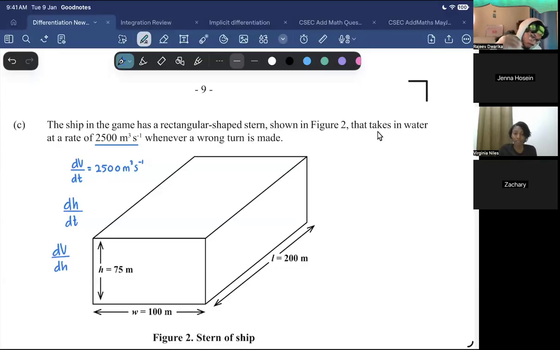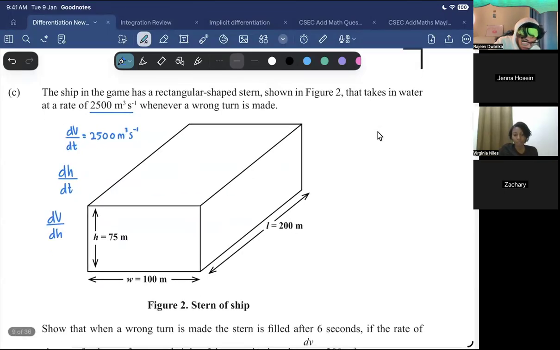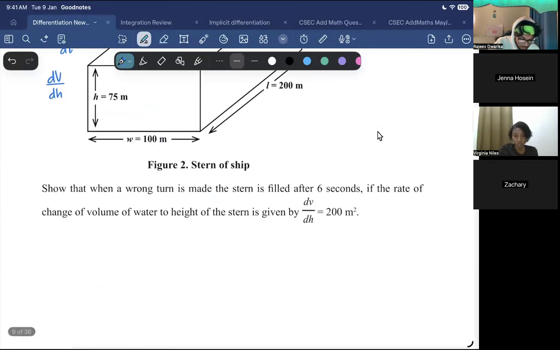Understand. So these are some key things over here. They're saying show that when a wrong turn is made, the stern is filled after 6 seconds. So we have to show that if you take a wrong turn, the stern will fill up in 6 seconds.